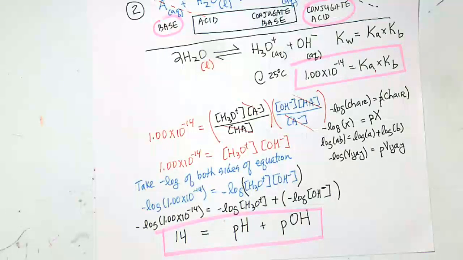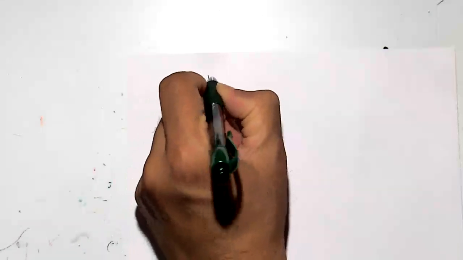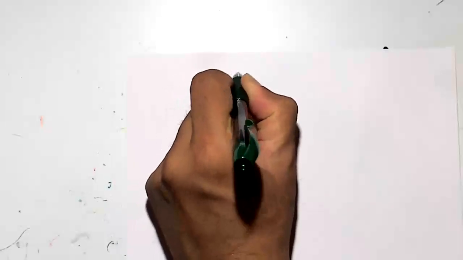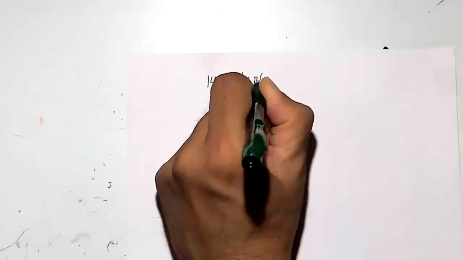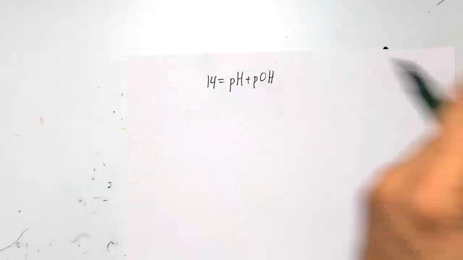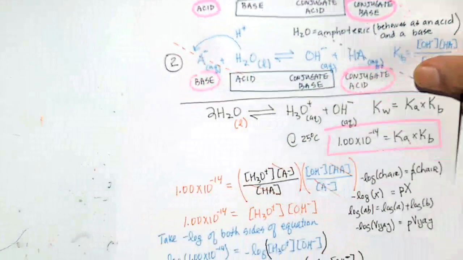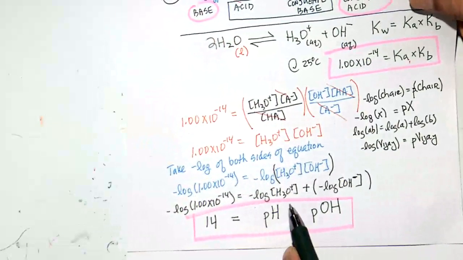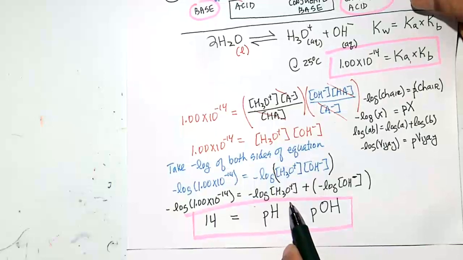So what is the formula for pH? We just derived 14 is equal to pH plus pOH. But what's the formula for pH? It's minus the log of the H plus concentration.